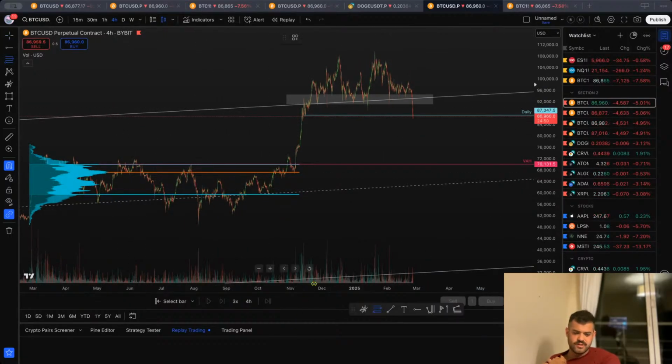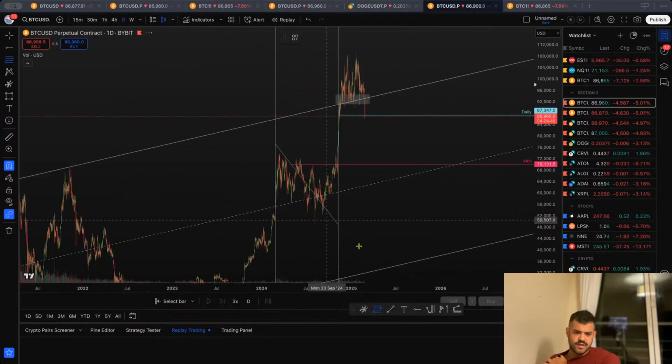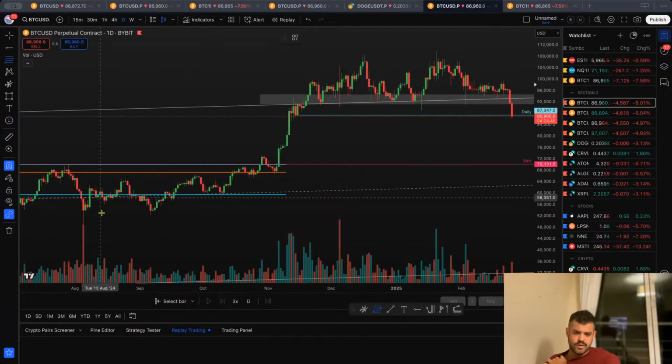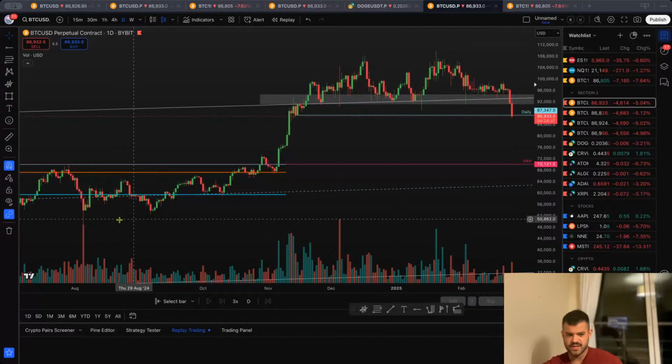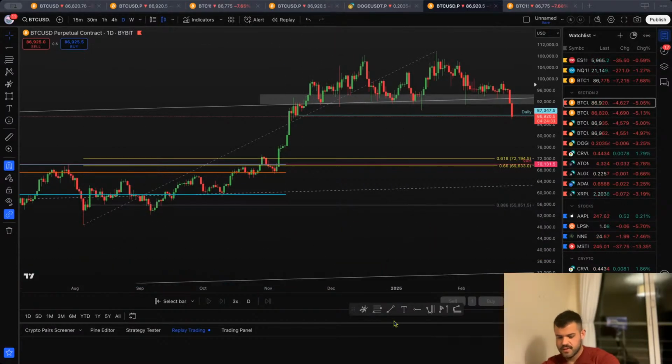Because for some reason, price loves to return to the golden pocket, doesn't it? VAH very much in line with the golden pocket. But obviously we're not even there yet. We haven't closed the day, so we don't know whether we're going to go there or not.